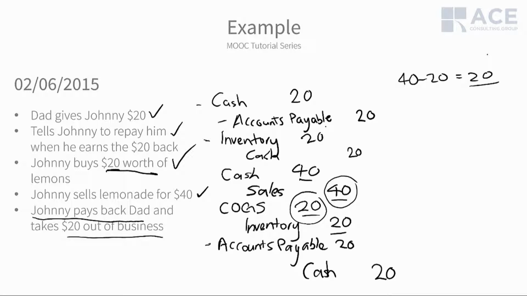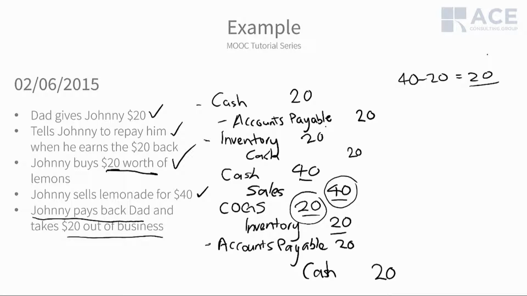But for the simplicity of this video, we're just going to assume that the retained earnings account has already been credited with the $20, because the retained earnings account is a credit account. It increases with credits and decreases with debits. So we're going to assume that the $20 net income we made is already in that account.